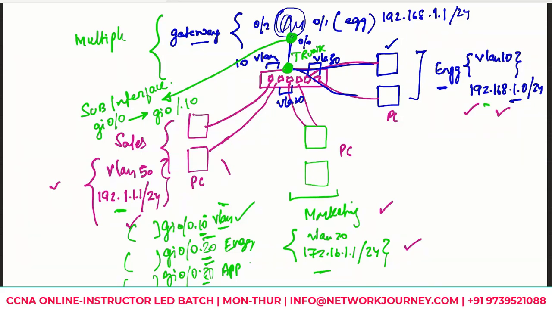Sir, is there another way to ping each other with a single IP? I didn't understand your question. I'm saying that router 1 can ping router 2 with the same IP.